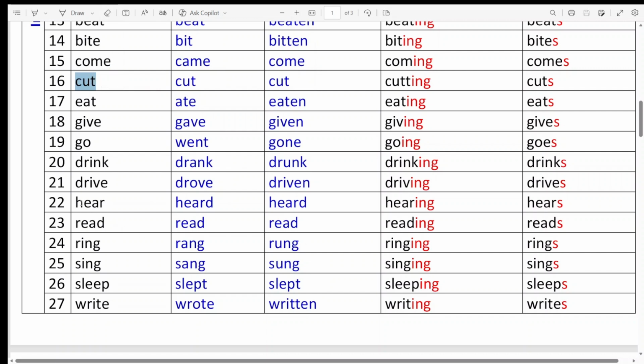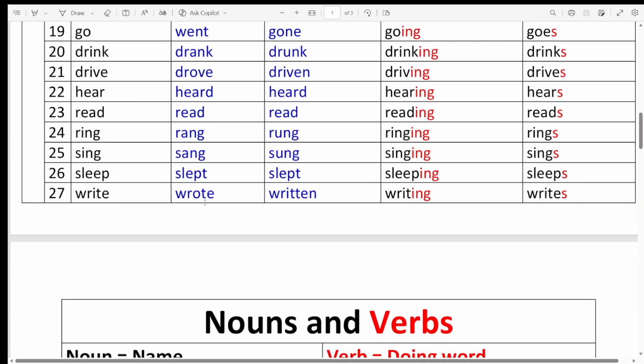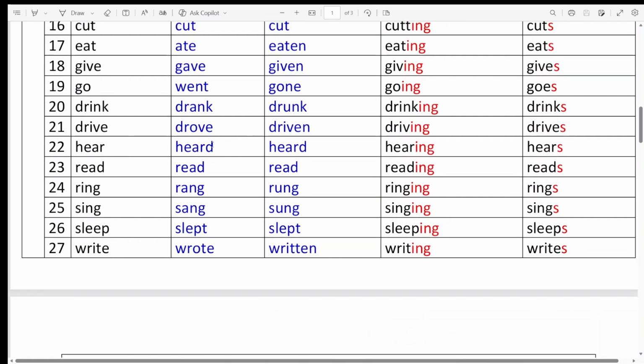And let's go to the 22nd number. The V2 of this ends in d. But we are not calling this a regular one. Why? Because this doesn't end in ed. This ends in only d.